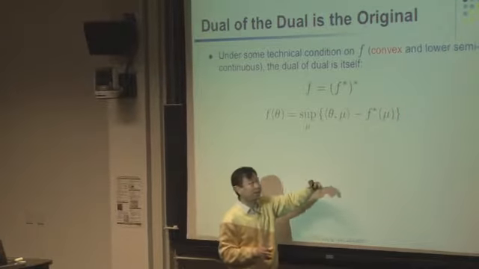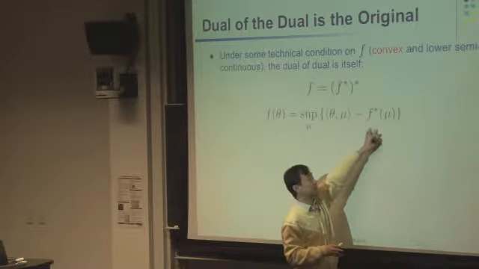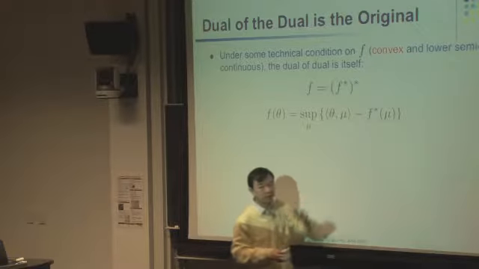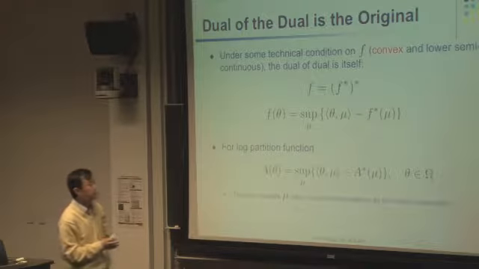All it manipulates is a linear term, and then another function, which is either the original function or the dual function. Why do we do that?